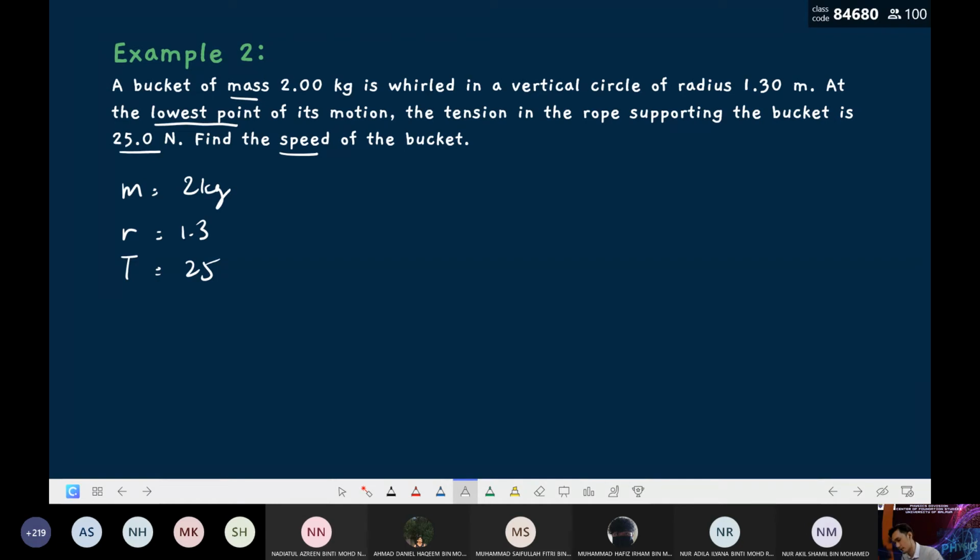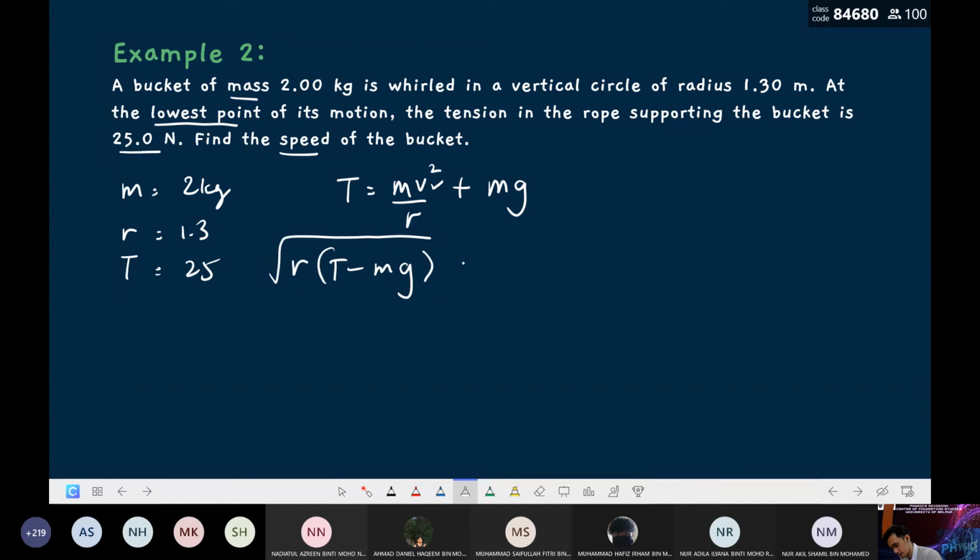Bila dekat lowest point, tension is equal to rasa lebih berat, jadi mv square over r plus mg. Okay, and from here we can get the value of velocity. So it is equal to T minus mg. Saya rewrite again, saya just tak tunjuk the step. Dia akan jadi macam ni. So this is the v, square root of (T minus mg) darab r over m.